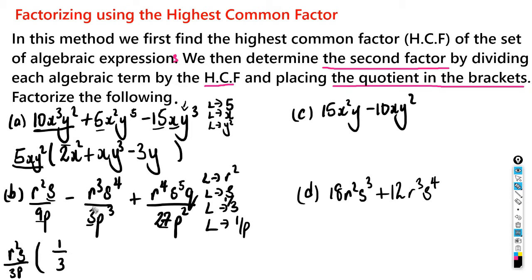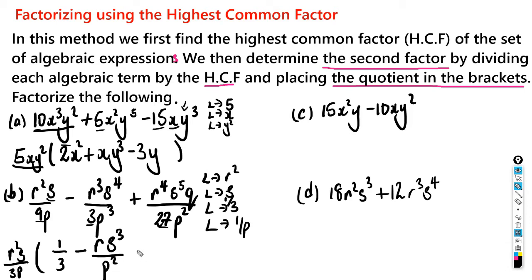Then for the second one, we're going to have a negative. r squared into r cubed gives us just r. Then s goes into s fourth, giving s cubed. Then 3p into 3p squared gives us p squared.